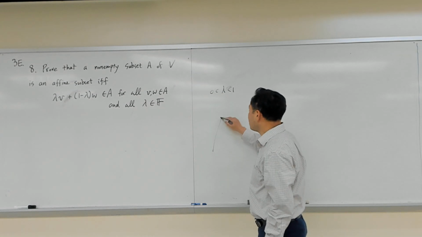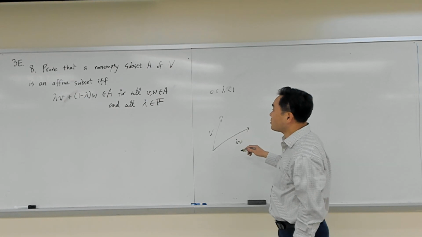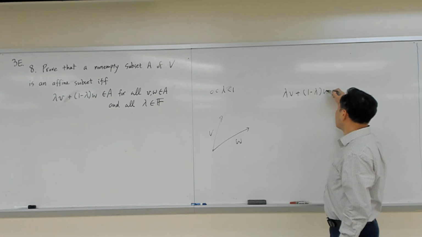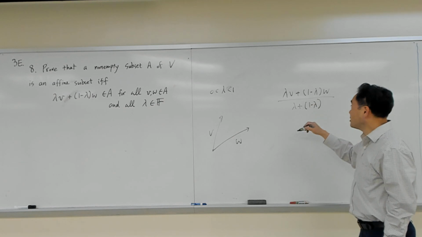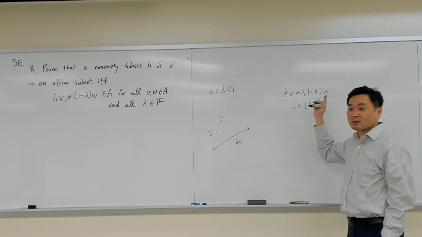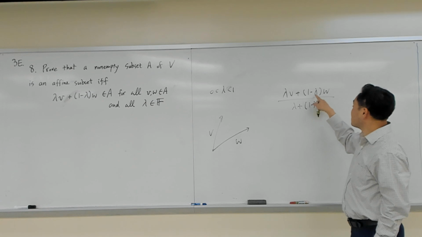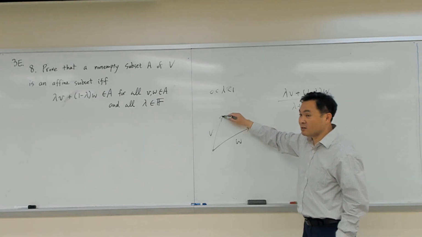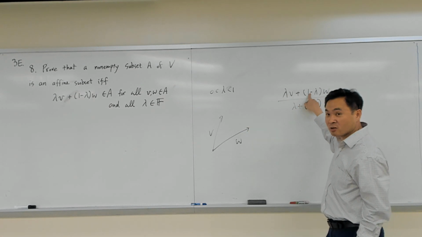if you have lambda v plus 1 minus lambda w, and if you divide it by lambda plus 1 minus lambda, that's like a weighted average between two vectors. So if you turn on lambda as 1, then this is completely 0 and you just get v. So in that case, it's a weighted average with weight 1 and 0.